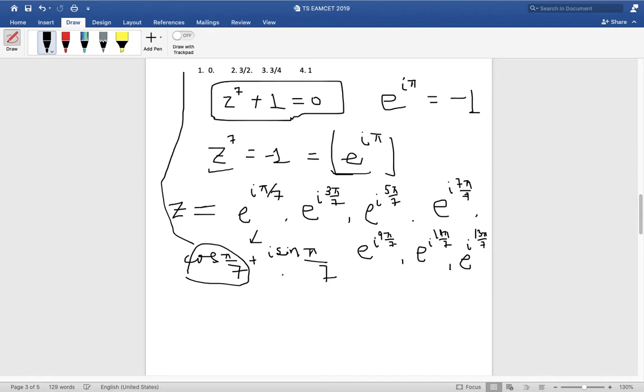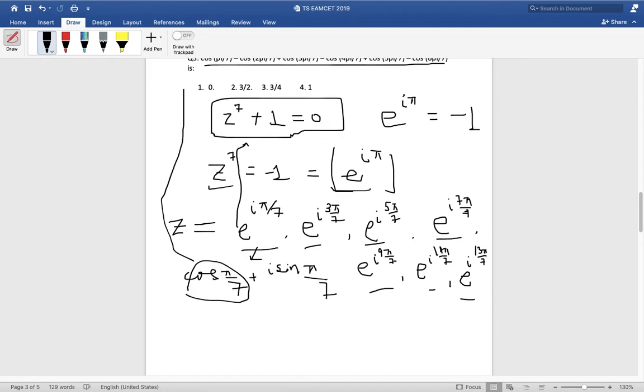So all of these complex numbers, 1, 2, 3, 4, 5, 6, 7, are the roots of this equation. Now we know from the theory of equations that the sum of the roots is given by minus b by a. But there is no term of z raised to the power 6 over here.